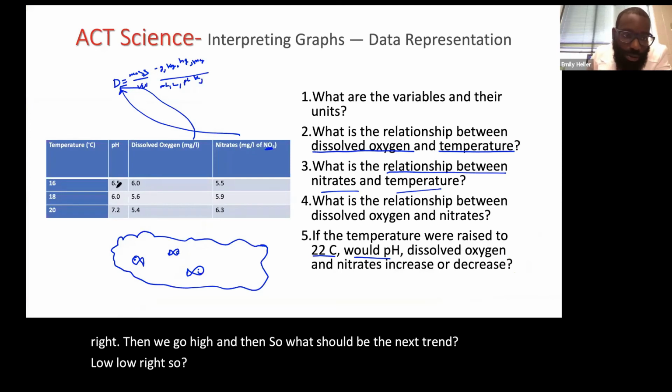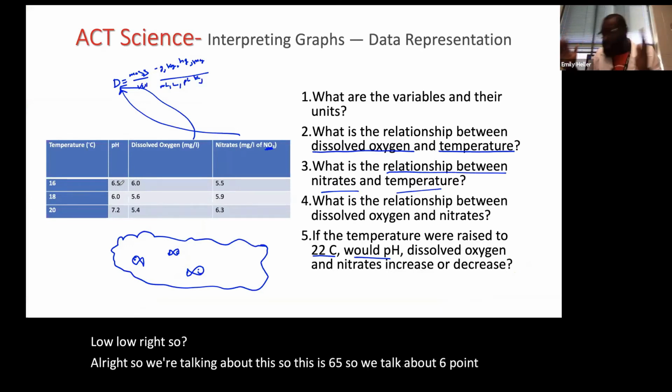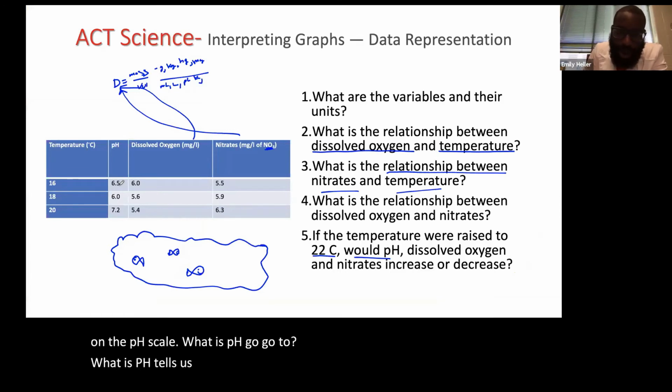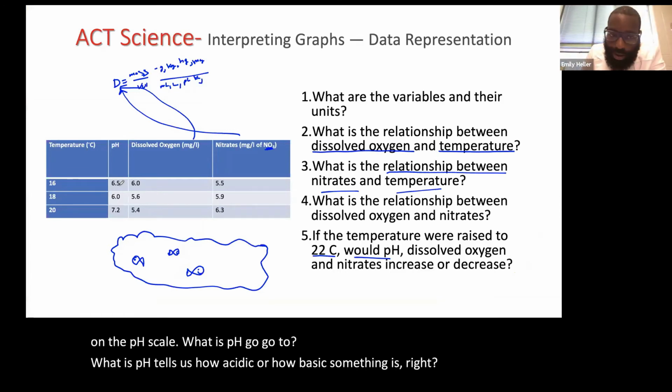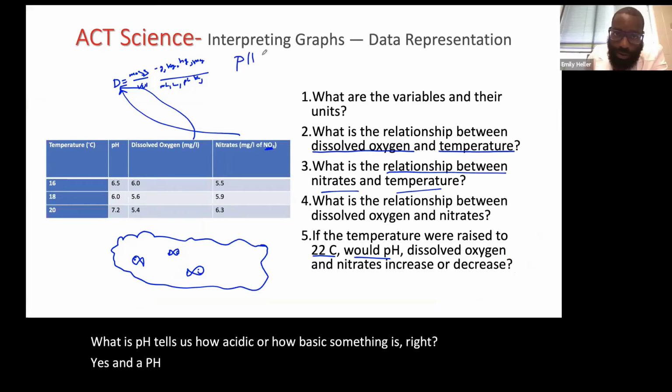All right. So we're talking about this. This is 6.5. So we're talking about 6 point something on the pH scale. What does the pH scale go to? What is pH? It tells us how acidic or how basic something is, right? And the pH scale goes from 1 to 14.